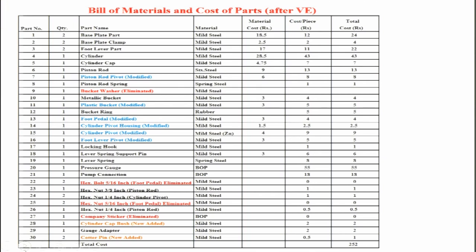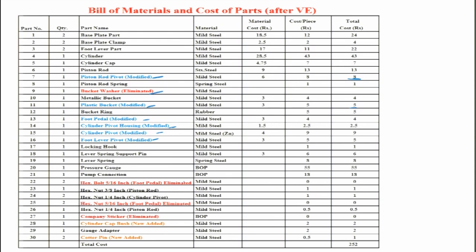The color blue is the modified parts. Okay, piston rod pivot is modified and new cost is here. Plastic bucket is modified, foot pedal is modified. These are the modified parts. Okay, bucket washer is eliminated because the purpose for which this bucket washer was being used is now fulfilled by some other assembly, some other arrangement.